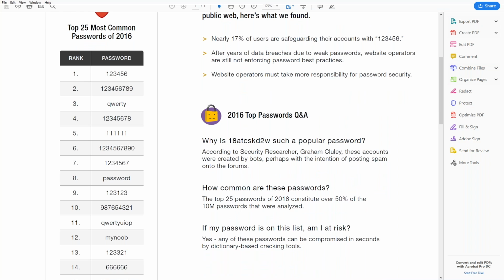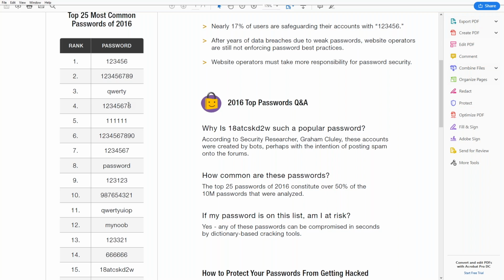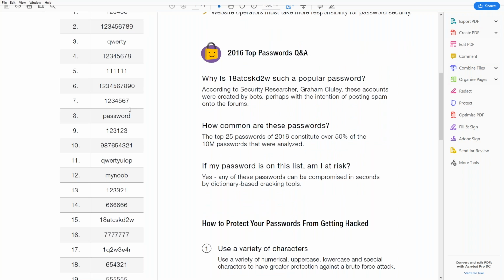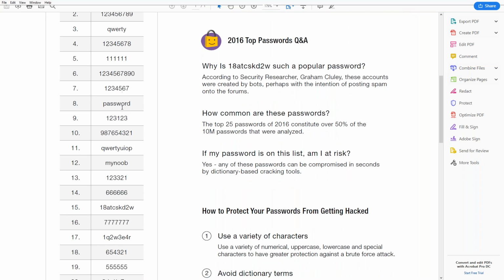The number 2 was 123456789, and number 3, which is the layout of the traditional keyboard that you type on, was QWERTY. You can see, generally speaking, how weak these passwords are. We've seen this many times in data breaches, where the word "password" is actually the password that's used.